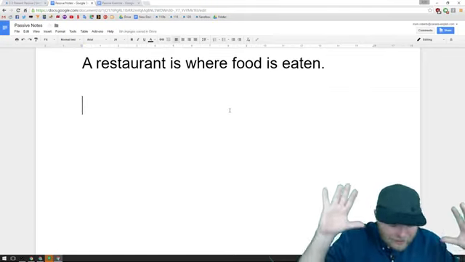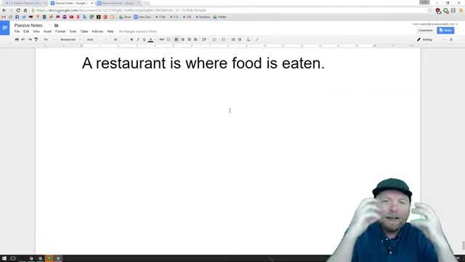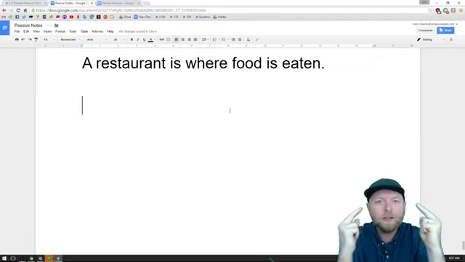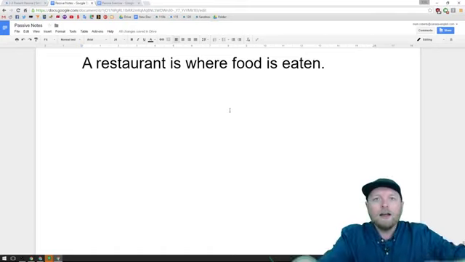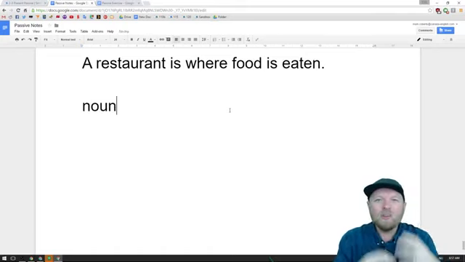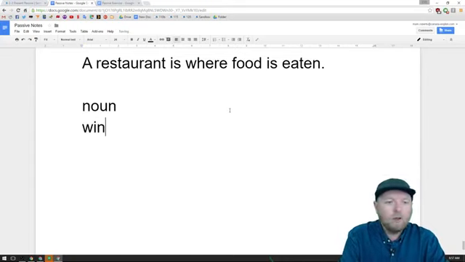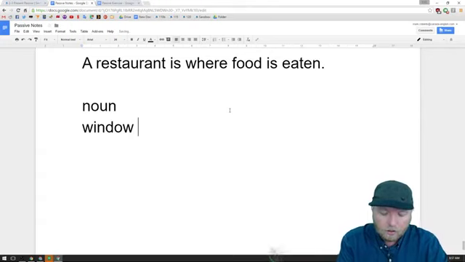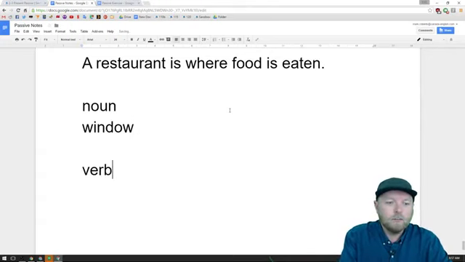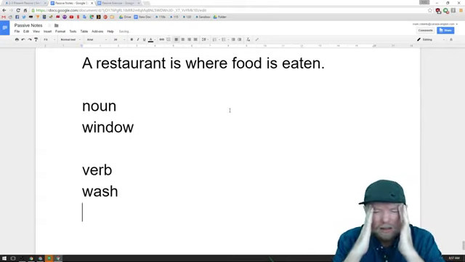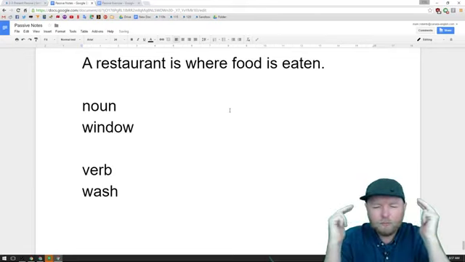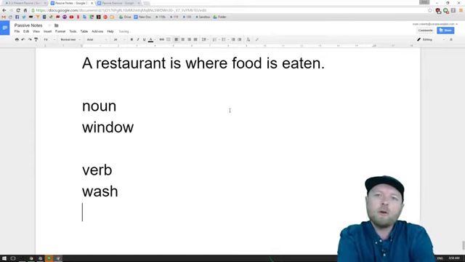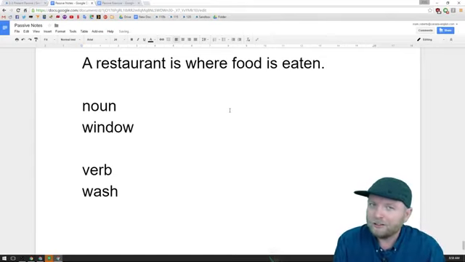Guys, let's stop for a second. In your brain, I know this is the most important part. In your brain, you think of a noun. Okay? You think of a thing. Example, window. Right? And then you think of a verb. Let's write this. Verb. Wash. Okay. In your brain right now, you must decide the window, is it the doer or the receiver of the action?